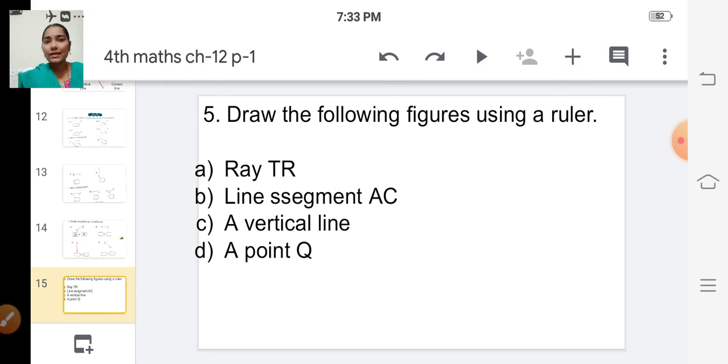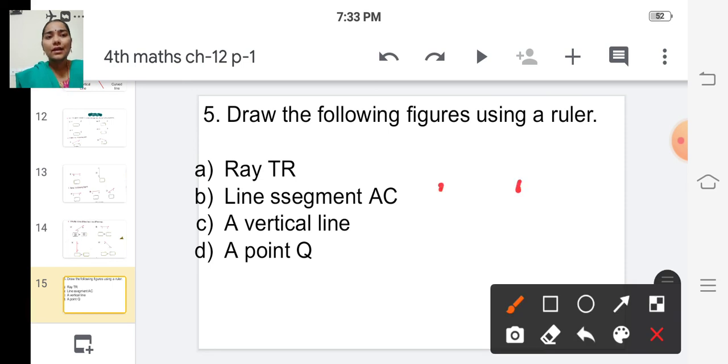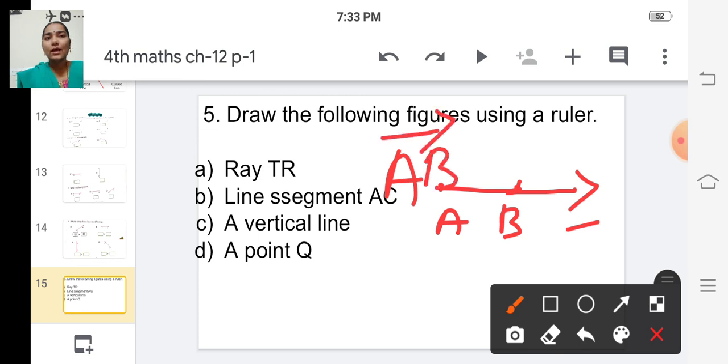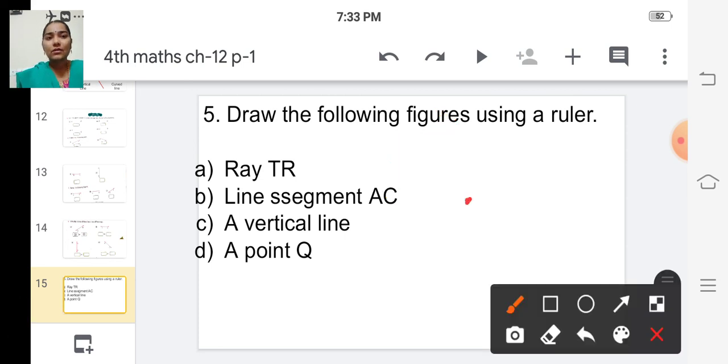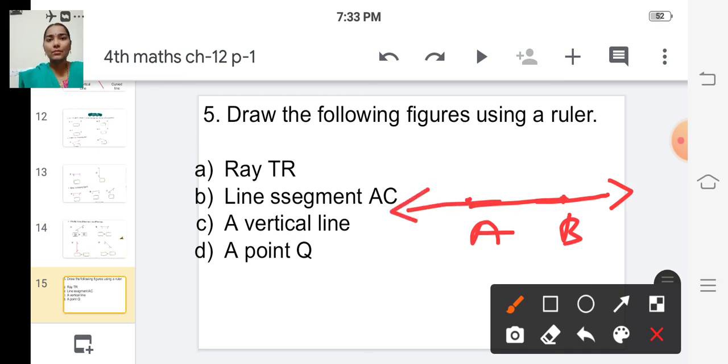Ray means take one line segment AB, extend it from any one side and put one arrow mark, and it is represented by AB with one arrow mark above it. A line means take one line segment AB, extend on both sides and put arrow marks on both sides.